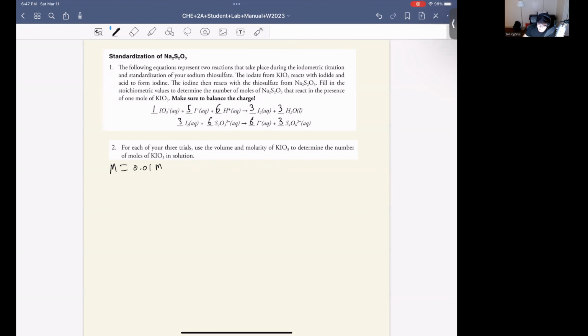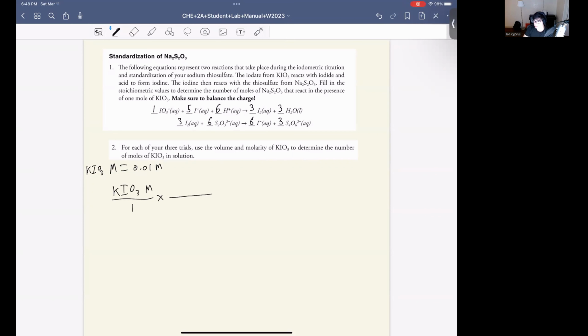The way you're going to do this is for each of your 3 trials, you're going to take your KIO3, or potassium iodate molarity, which I'm going to write here as KIO3 molarity, and convert this into moles.